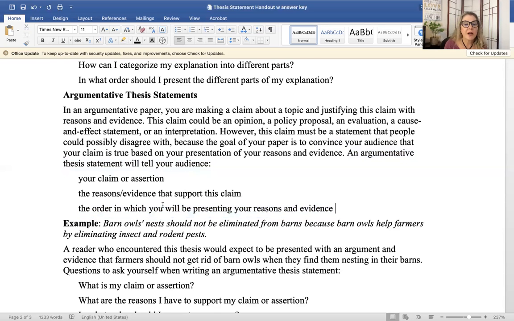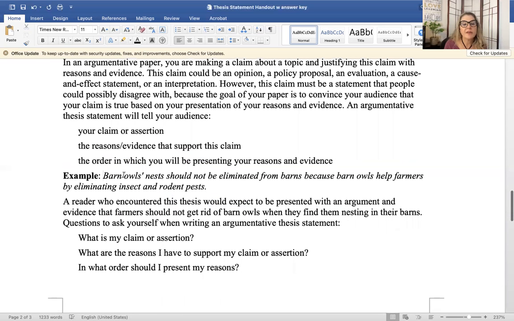Let's look at this example of an argumentative thesis statement. So the same topic as before, barn owls. Barn owl nests should not be eliminated from barns because barn owls help farmers by eliminating insects and rodent pests. And I would say the word eliminated is repeated twice.